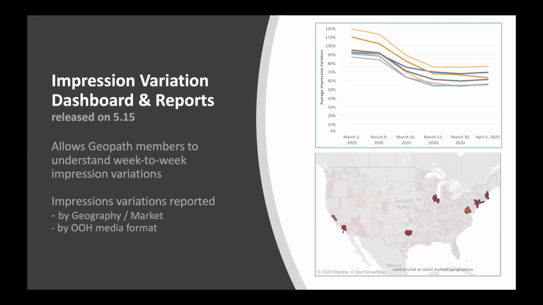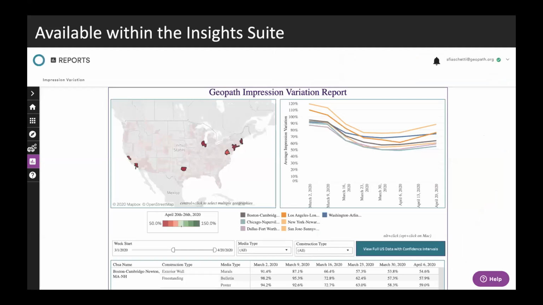Again, this is also available in the Insight Suite. Specifically, you'll find it in the reports module of the Insight Suite. We'll show you exactly where to find that when we jump into the tool.